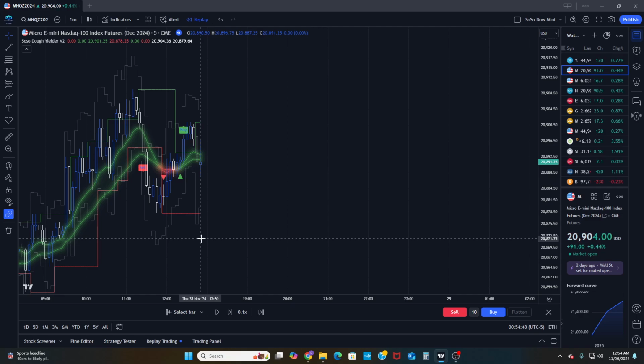Now, most of you know that during US market hours, I use the 1 minute time frame to execute trades. However, if I do any trades overnight during Globex hours, I use a higher time frame.